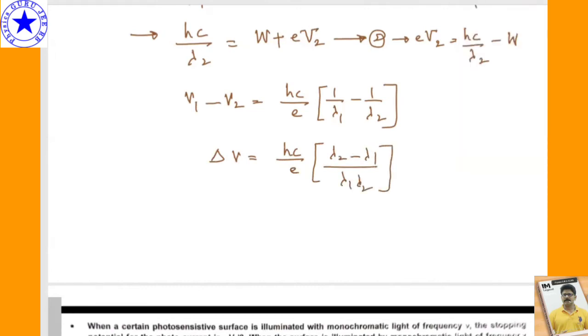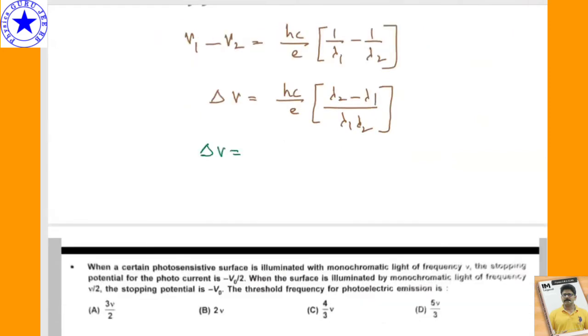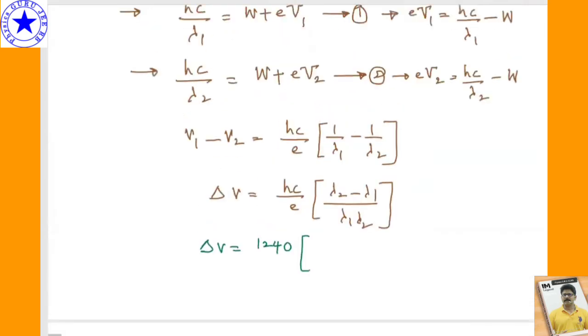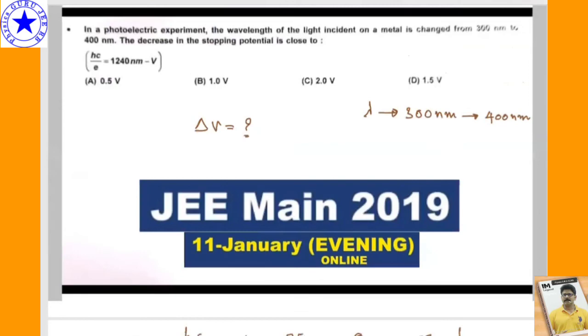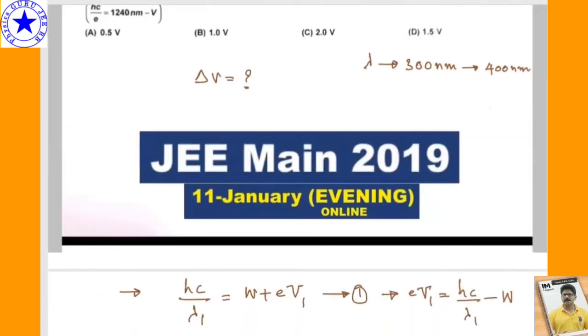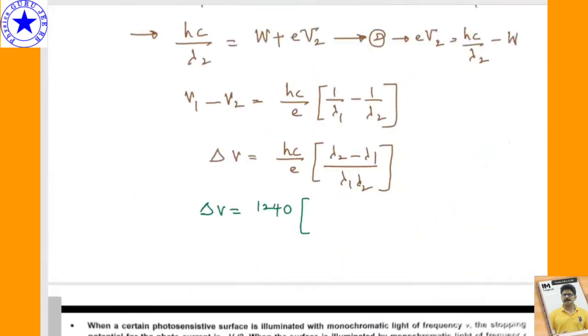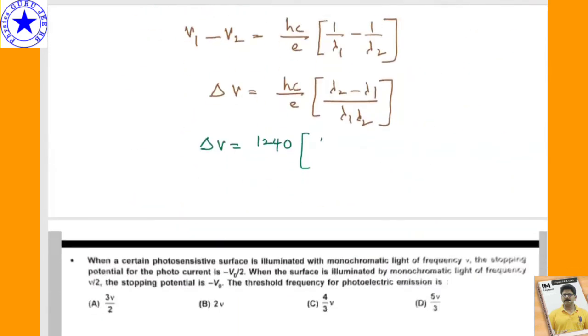If I substitute the values, delta V is equal to 1240 into lambda 2 minus lambda 1. Here it is given 300 nanometers to 400 nanometers. If I take lambda 2 equals 400 nanometers and lambda 1 equals 300 nanometers, then this is nothing but 100 divided by lambda 1 into lambda 2, 300 into 400.